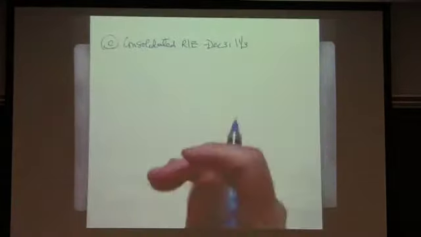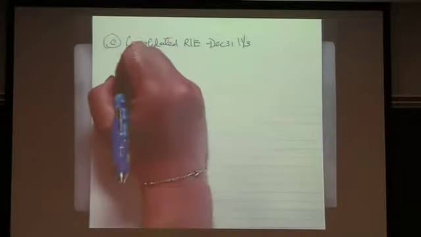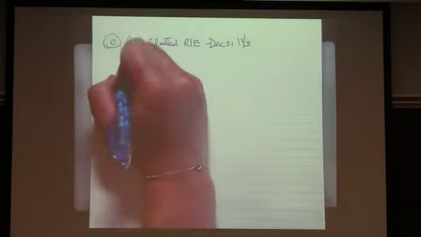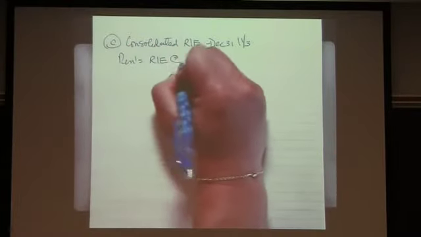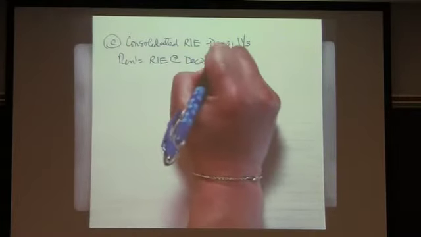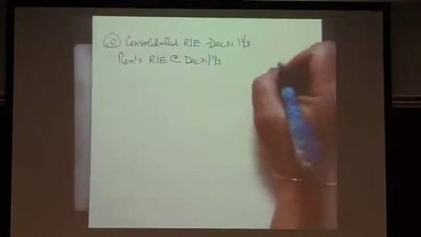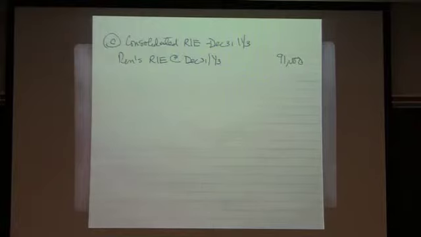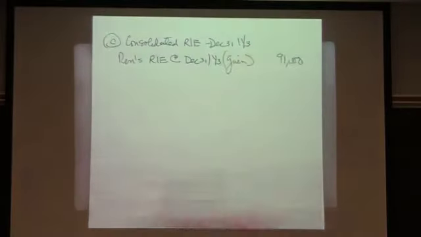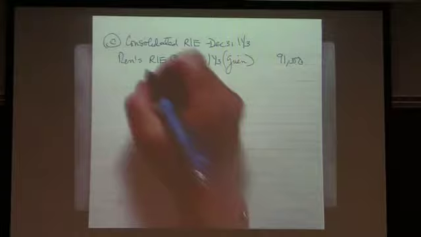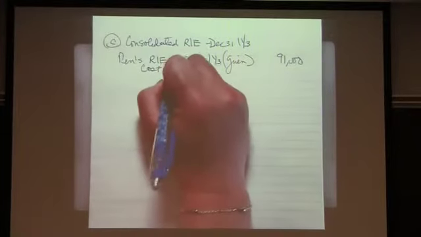Again, we're going to take the parent's retained earnings, which in this case is Penn's retained earnings at December 31st, year 3. And this is given to us, right? We are told that the ending retained earnings at the end of year 3 is 91,000. And remember, they were using the cost method.